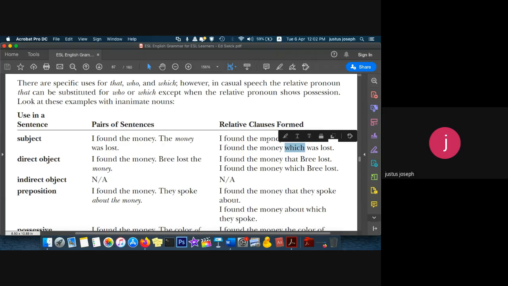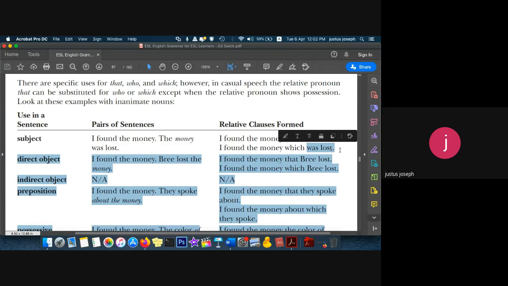When you are using that, you are saying that both the information, finding the money and its history, that it was lost, both are important. Here in the second sentence, where you have used the word which, I found the money is the main emotion. The rest of the information is just extra information.